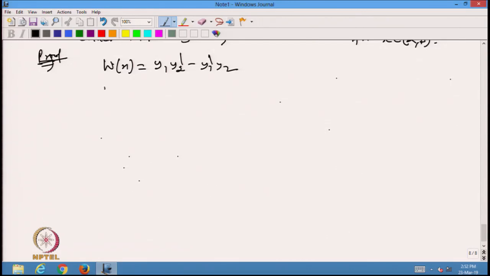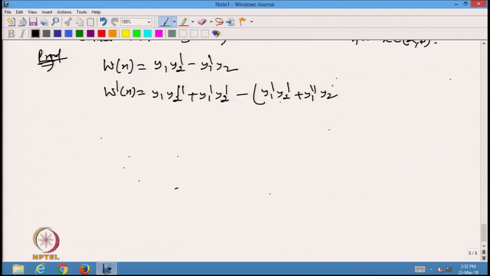Now I take the derivative of my Wronskian. So this will be y1' y2' plus y1 y2'' minus, the derivative of the other term, y1'' y2 plus y1' y2'. So if you see this one, it will cancel out.